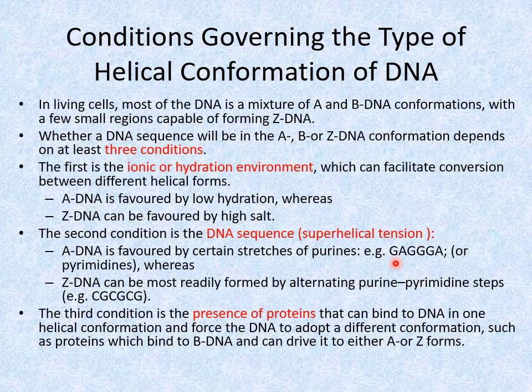Stretches of purines like GA, guanine, adenine. So stretches of guanine induce the Z-DNA conformation. Similarly, alternating purine-pyrimidine nitrogen bases in the stretch of DNA induce the formation of Z-DNA.